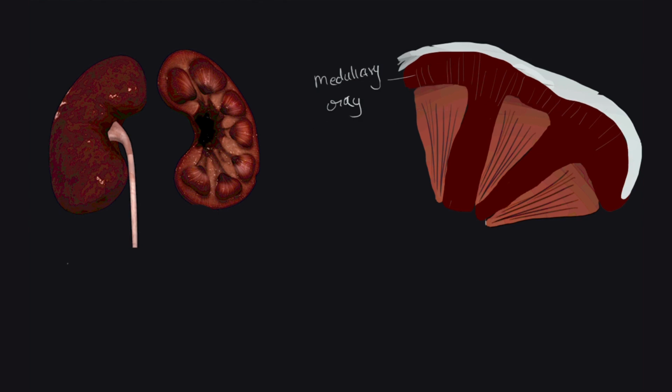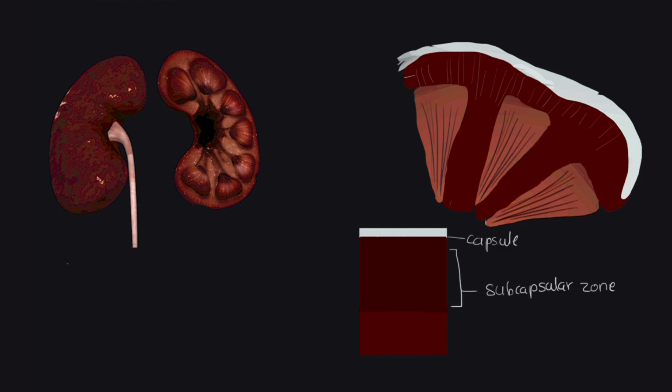Then if you take a cross section of the cortex, for example, I'm going to take this part of the cortex out and observe it under the microscope, I will see that it looks something like this. So that's the capsule. And beneath the capsule, we can see that there is a differentiated layer of the cortex known as the subcapsular zone of the cortex.